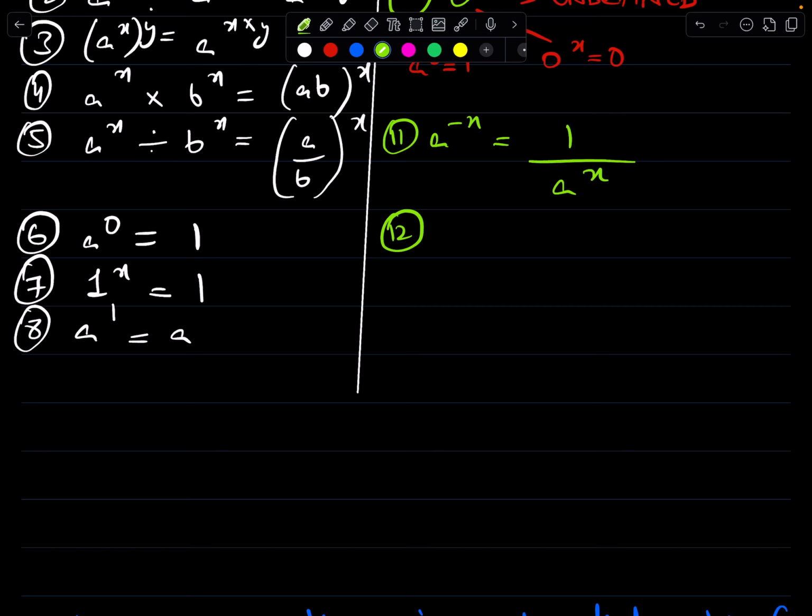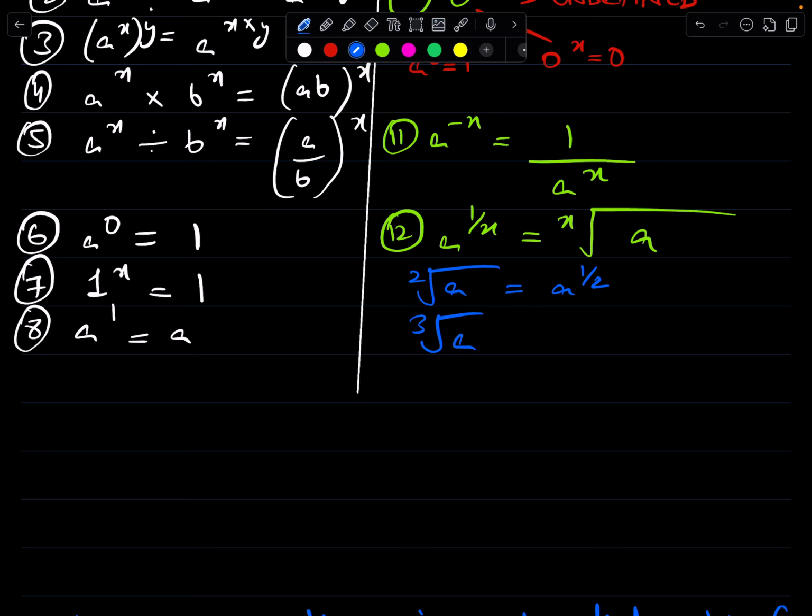And then 12, what if we have a fractional power? In this case, we can write this like this, root x. For example, if I have the square root of a, this can be written as a to the power half.